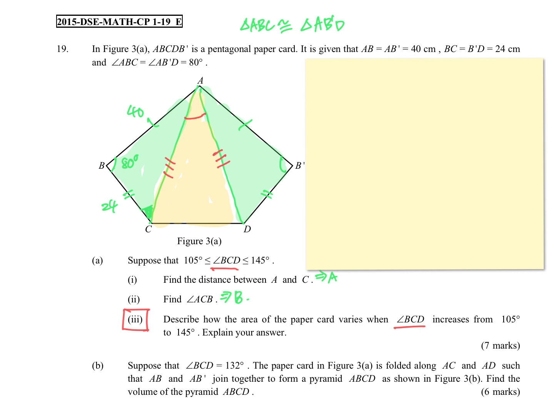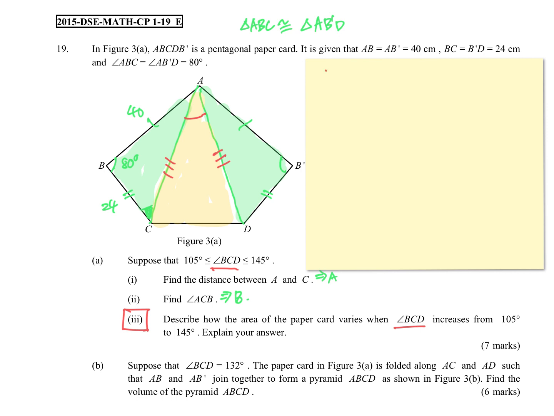If we can find an expression in terms of angle CAD, then it's easier because 1/2 ab sine C can find the area of the yellow triangle.